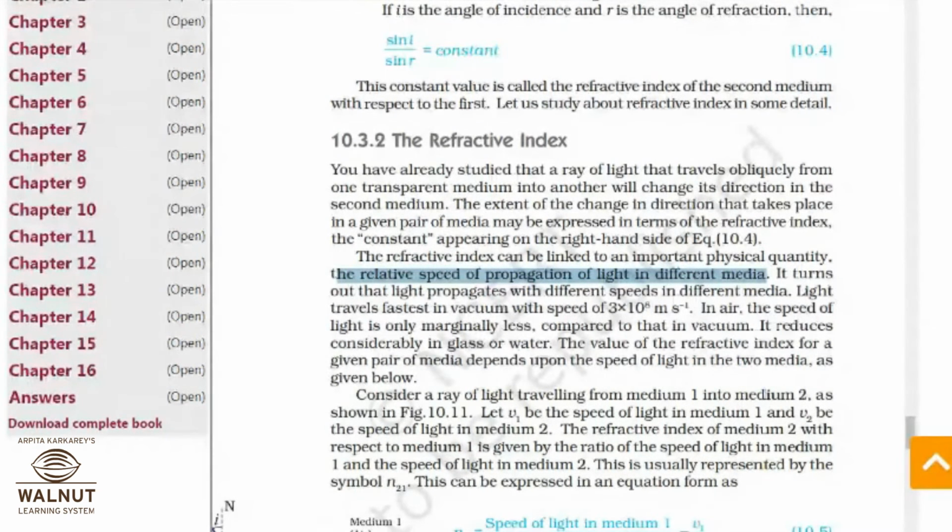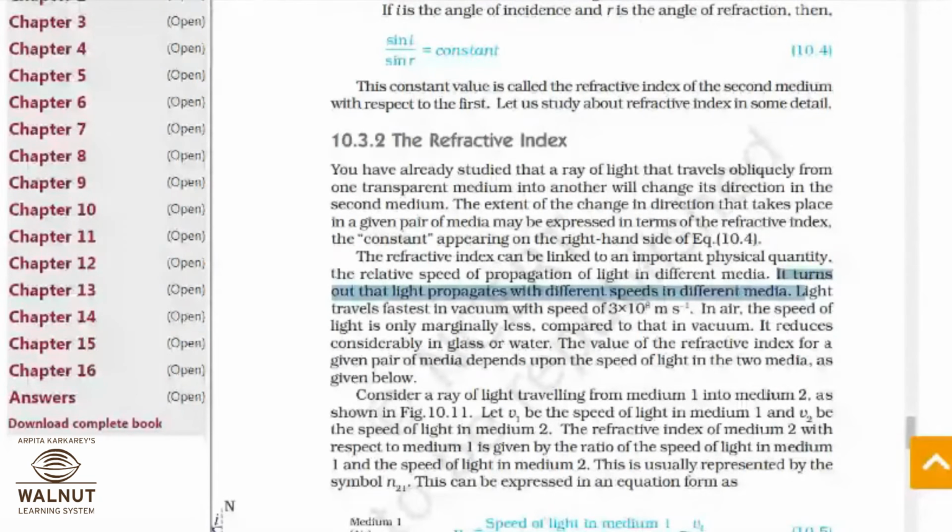So how do you express this? What is the refractive index? It is linked to the relative speed of the propagation of light in the different media: how light will move ahead, or travel, in different transparent media. Depending on this, the refractive index is calculated. Obliquely means anyhow, randomly. So it turns out that light propagates with different speeds in different media.